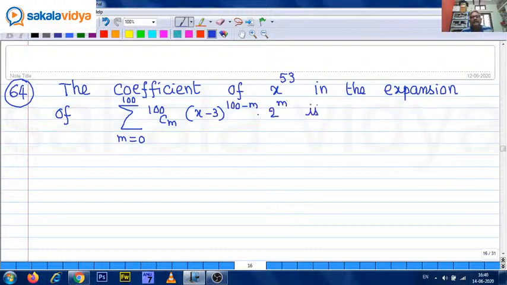We need to find the coefficient of x to the power of 53 in this expansion.